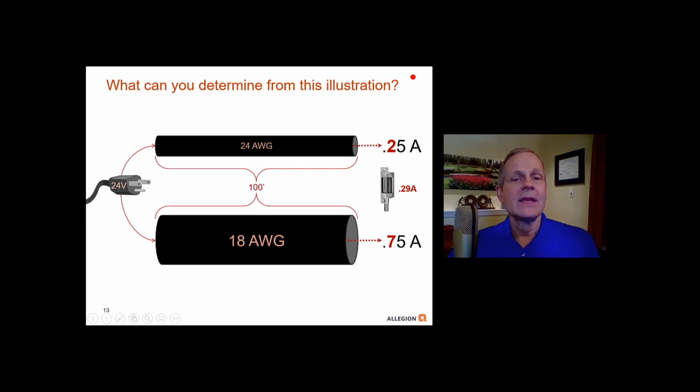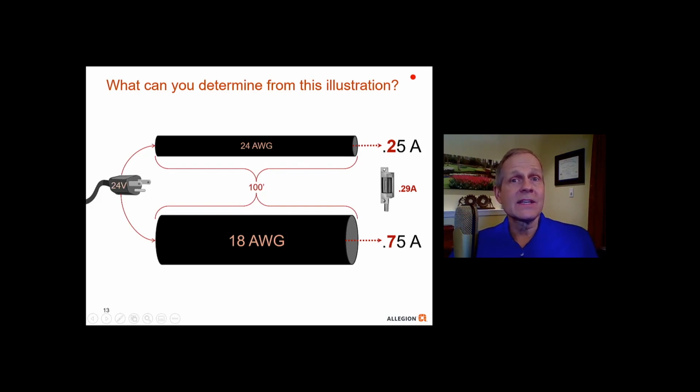So what this illustration is showing you is that in order to safely install or wire up an electric strike that draws 0.29 amps, we would have to use 18 gauge wire, because that will safely handle 0.75 amps. The 24 gauge wire is not quite large enough because it can only handle 0.25 amps, which is less than the electric strike is going to draw.